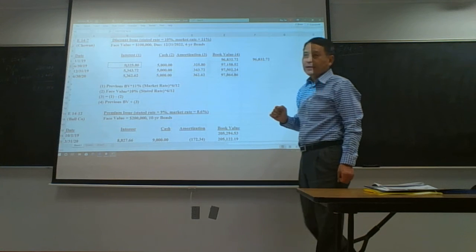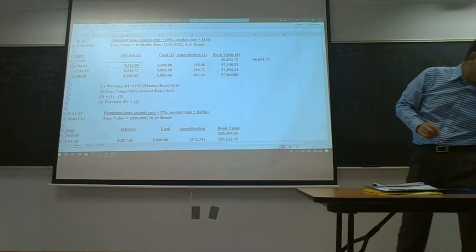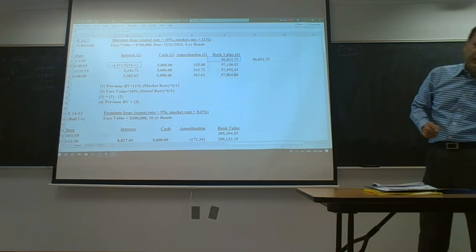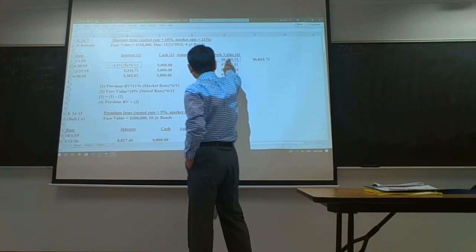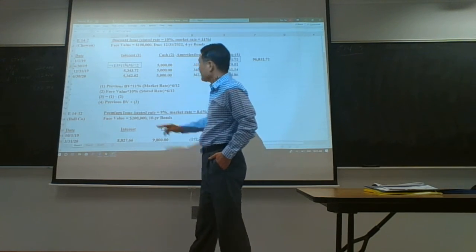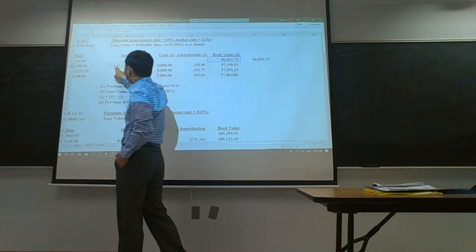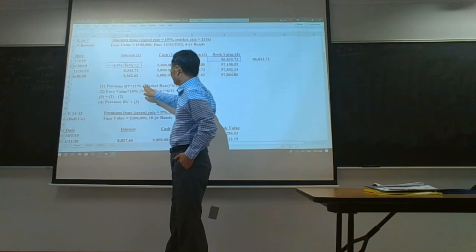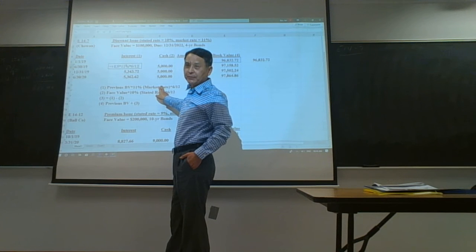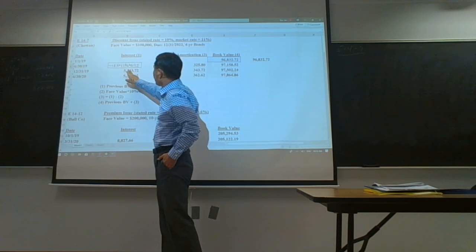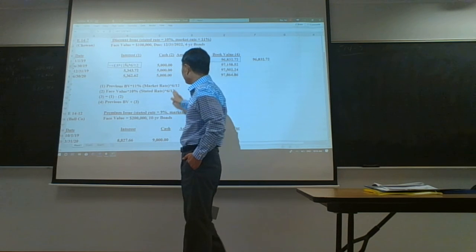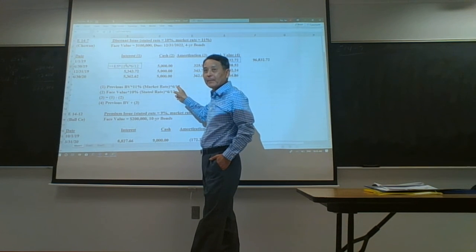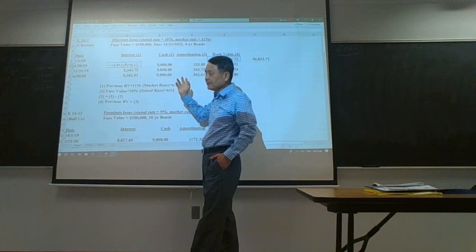Column number 1 is for interest expense, and the amount of interest expense is E5, previous book value, times 11% market or effective rate times 6 over 12. Always like this.